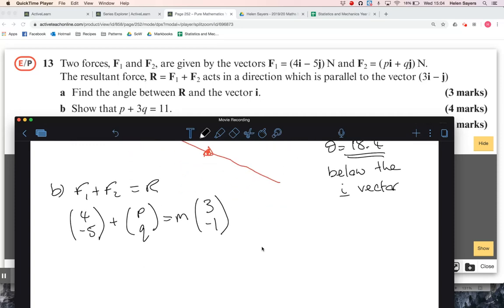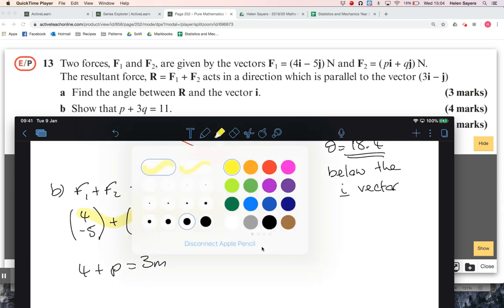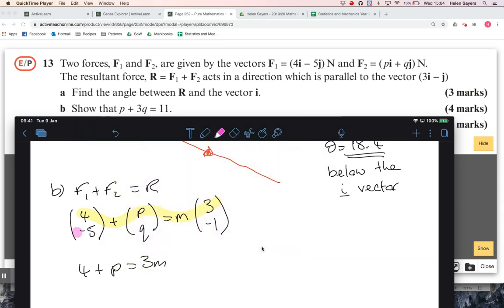But if I think about what I've got there, I've basically got two equations. I can look at the i components, or the x direction, and say that 4 plus p is 3m. Then I can also look at the j components, or the y direction, and say that minus 5 plus q is minus 1m.